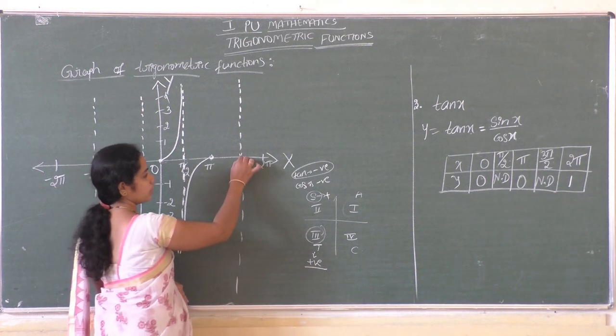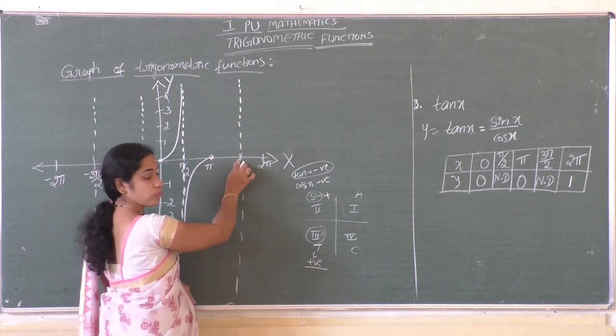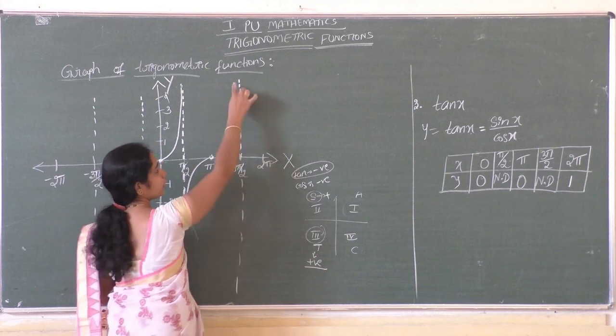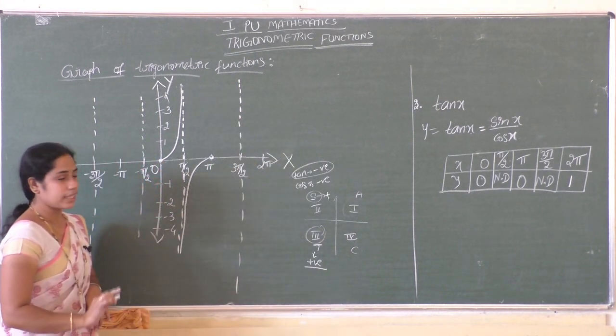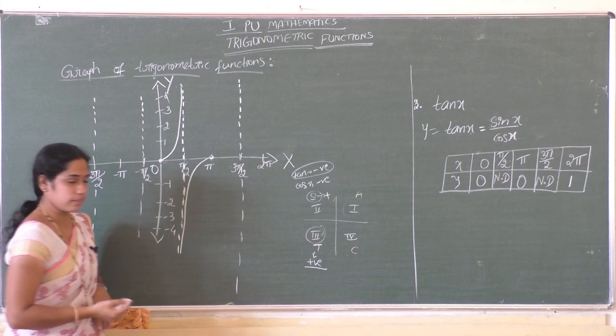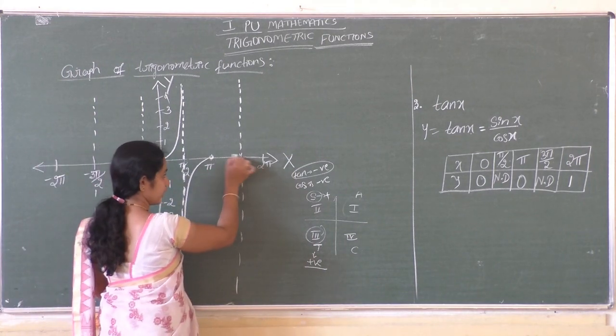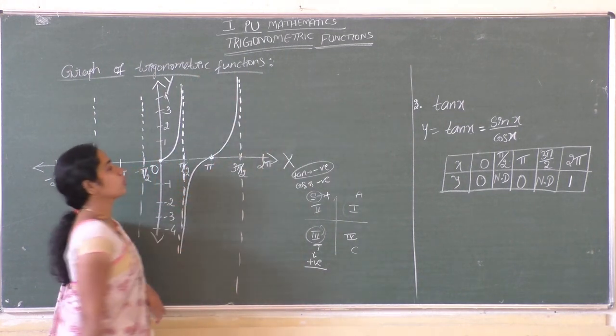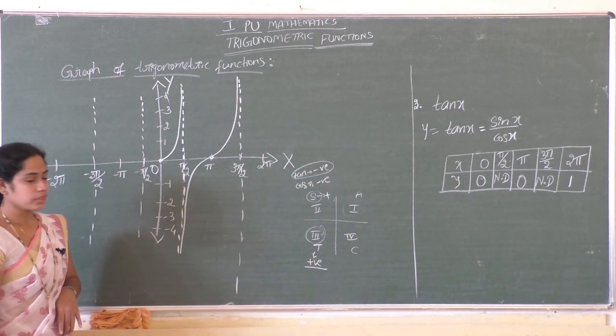Third quadrant here pi to 3 pi by 2, tan is positive. For 3 pi by 2 the function is not defined, that means it will go up to infinity. It is positive, so value increases from 0 to infinity.